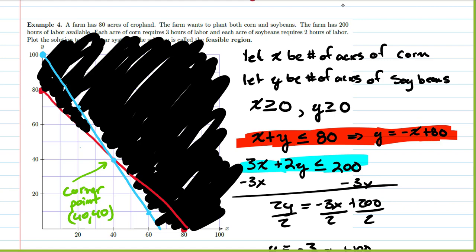That point represents planting 40 acres of corn, 40 acres of soybeans, right? 40 acres of corn would require 40 times 3, so 120 hours of labor, and 40 acres of soybeans would be 40 times 2, which is 80 hours of labor. 120 plus 80 gives us the 200 hours of labor, right? So this region, as mentioned up here, is called the feasible region.